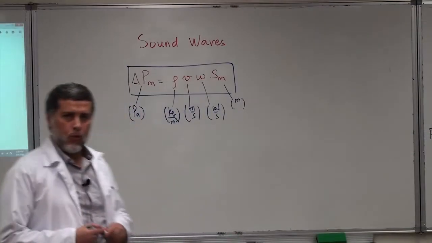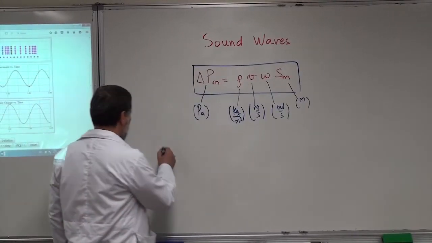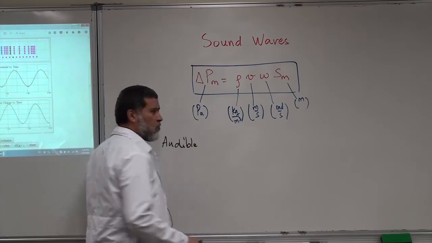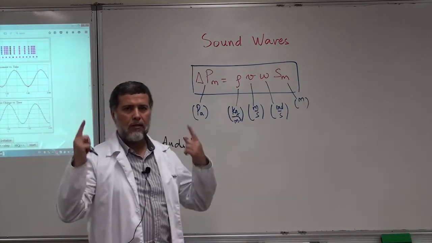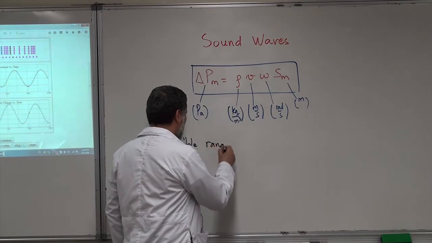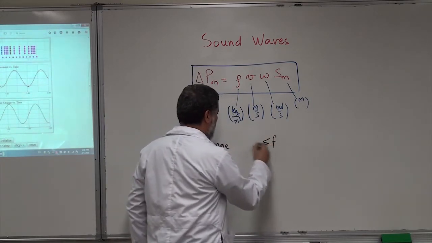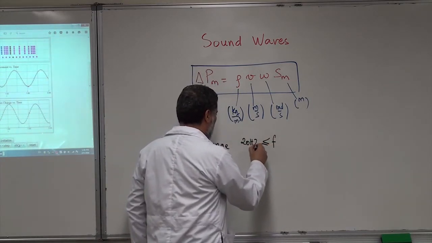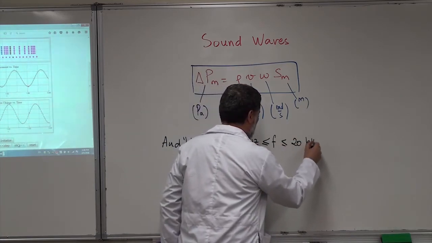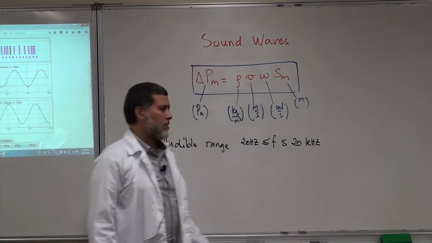Okay, let me talk to you about what we call the audible range, which is the range of frequency where a human ear can detect sounds. The audible range is given by a frequency between 20 hertz and 20 kilohertz. Kilo means 1,000.